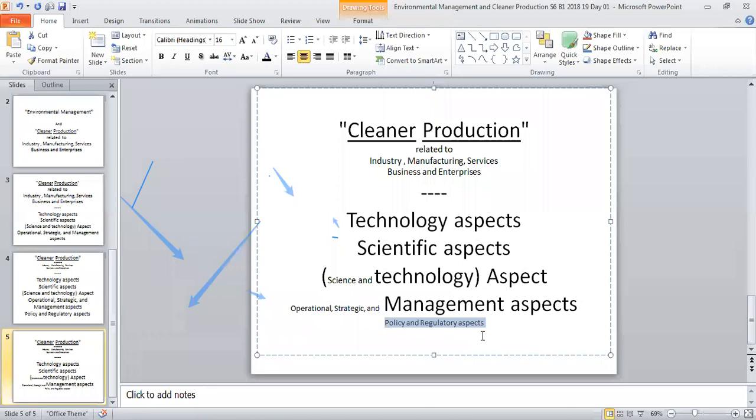You may have business processes, industrial processes, manufacturing processes, all associated with clean production. And clean production is linked to environmental management as well. Finally, this subject is part of bringing prosperity to the nation, bringing good innovations, new technologies.